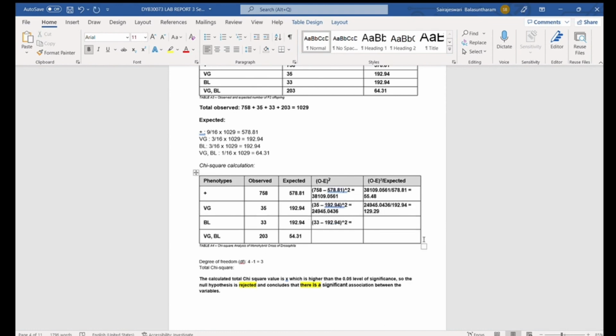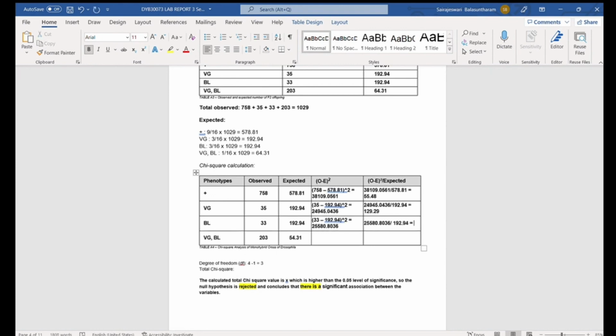After calculating that, we need to move on to finding the degree of freedom. The degree of freedom depends on how many traits there are. In this calculation, we have 4 traits, so that will be 4 minus 1, and that will be equal to 3. Now we are going to calculate the total chi-square, which is the addition of all the phenotypes earlier.